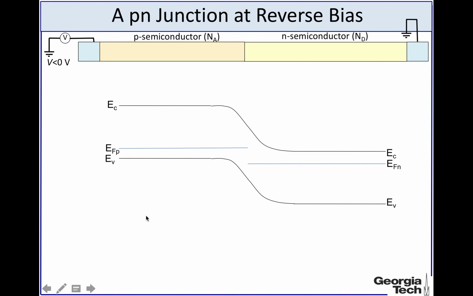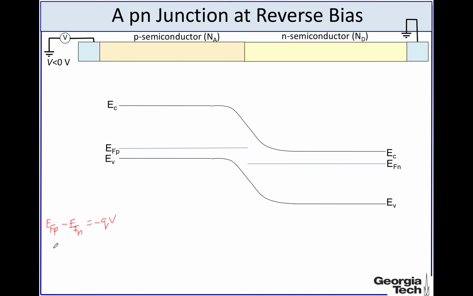But now when you apply a negative voltage at the p-type semiconductor, the bands change such that EFP and EFN are no longer lined up, and if we write down the equation, it looks like this: EFP minus EFN equals minus QV.